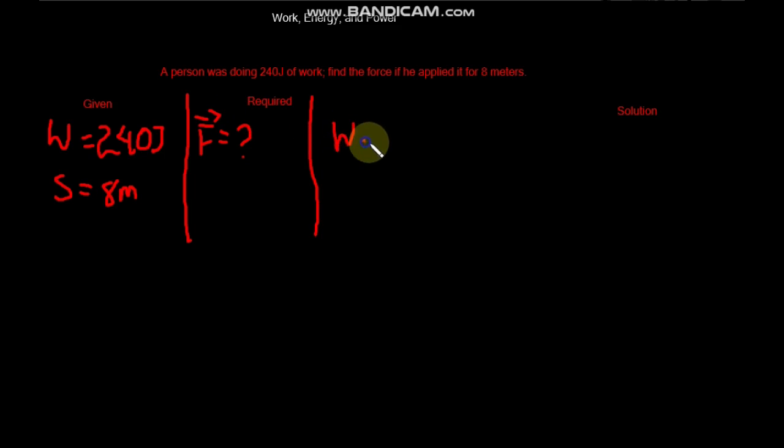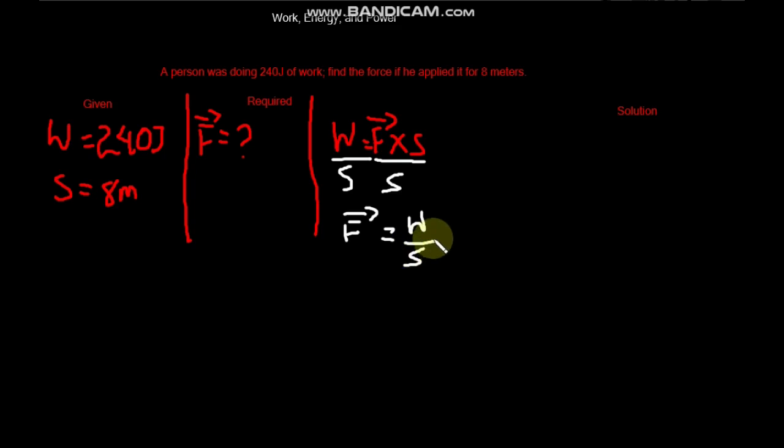So W is equal to F times S, so if I want to know the force, I just have to divide both sides by the distance, and we can see that F is equal to W over S. So W was 240 joules and the distance was 8 meters. So 240 over 8 is 30.